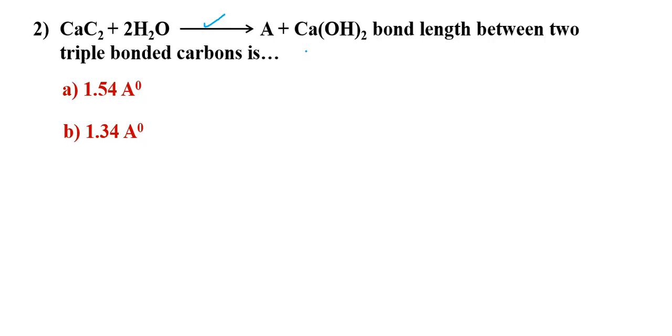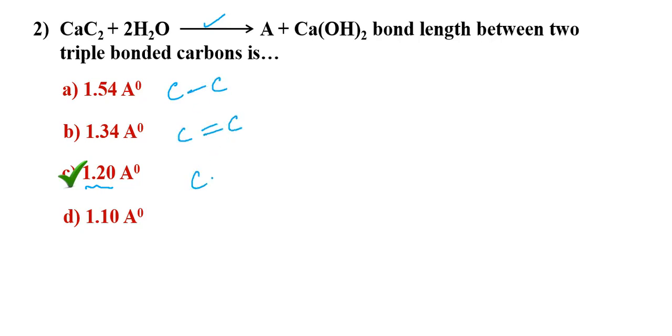First of all you have to know A, then what is the bond length between two triple bonded carbons. So A is here acetylene, the acetylene bond length is 1.2. This is C single bond C, this is C double bond C, this is C triple bond C. You can see when bond order is increasing, bond length is decreasing. You have to remember that.